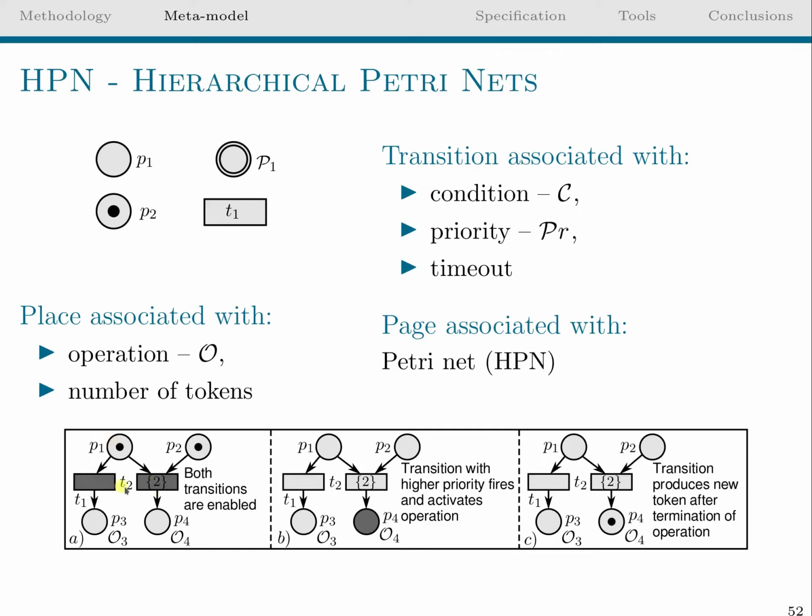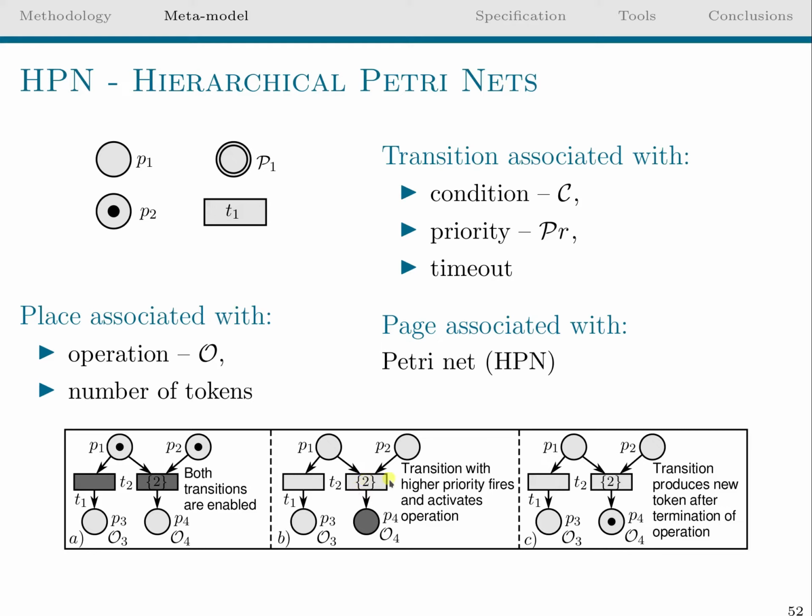We don't want to have a situation when we don't know which transition will fire, because we want to have a deterministic system. So in order to introduce determinism in our system, we also introduce priorities. Whenever the 2 transitions can be enabled, we give priority to the second one, and this transition will fire.